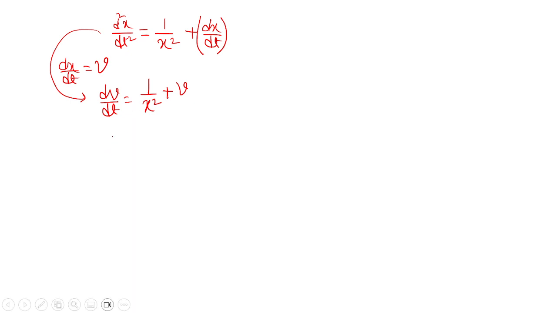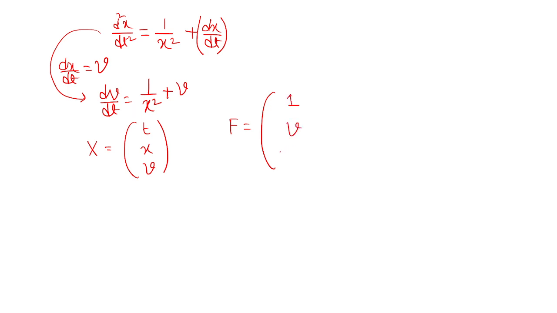So what will be our x? Our x will be (t, x, v), and our f will be (1, v, v + 1/x²). And the matrix equation will be d/dt of x equal to f.